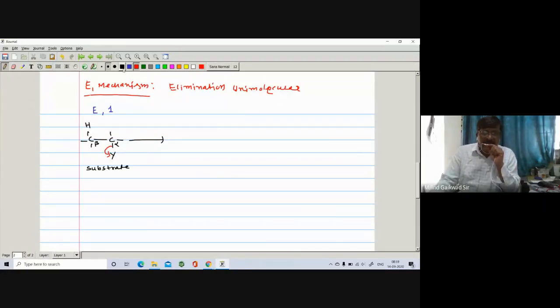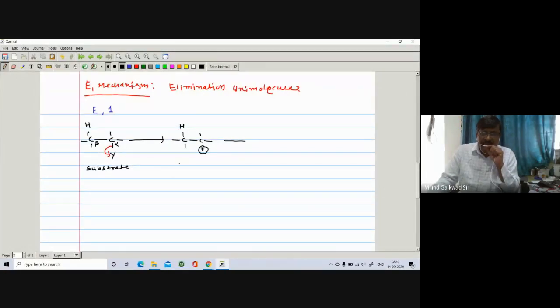And there is a formation of a corresponding carbocation. So there is H, here is a bond, here is also carbon, here is two bonds. As this sigma bond shifts here, there is a removal of Y minus, and this carbon becomes positive.